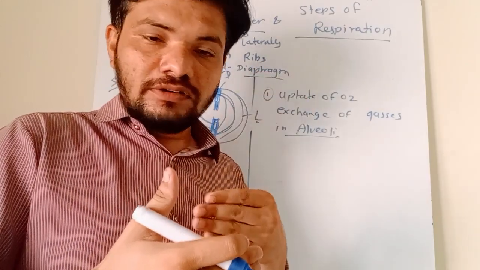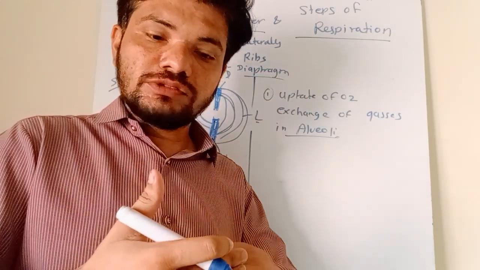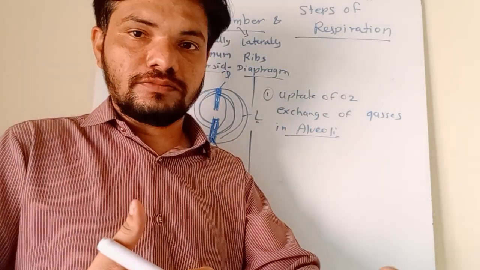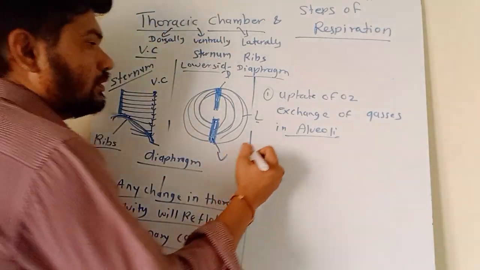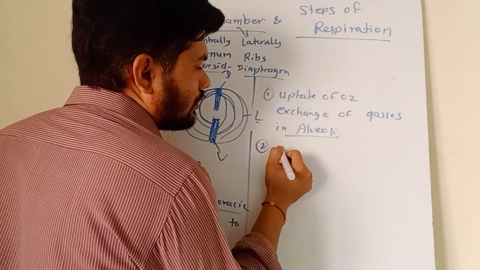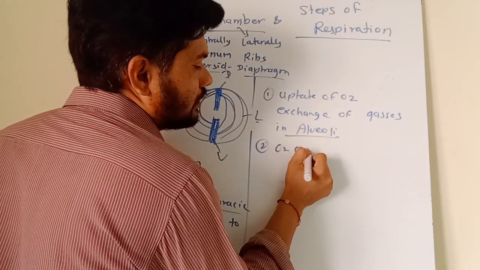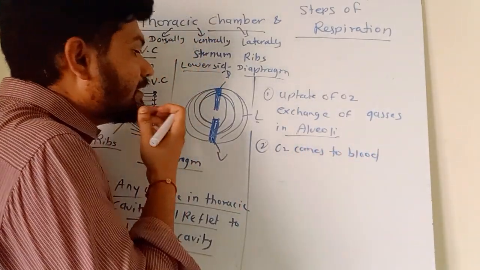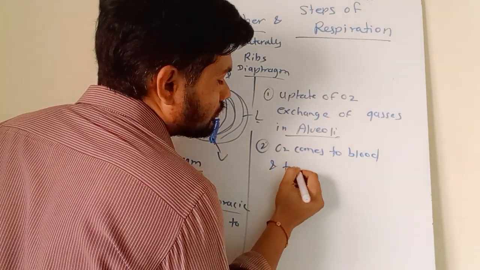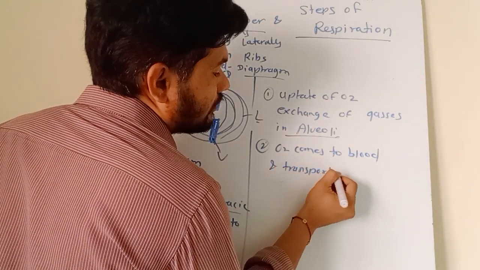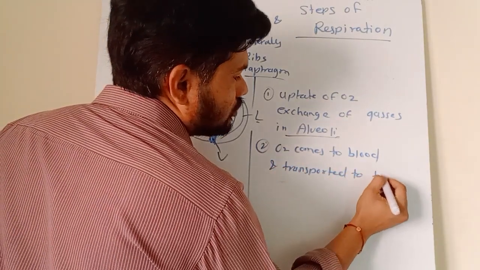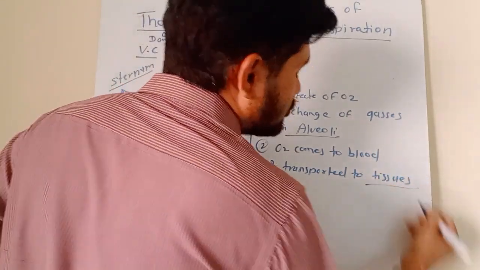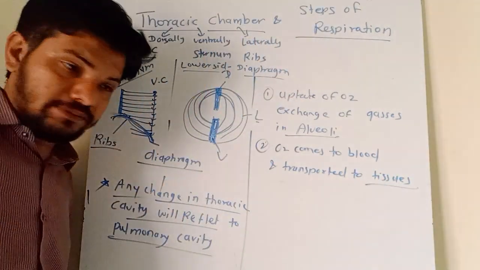So this oxygen easily diffuses from alveoli to blood. Oxygen comes to blood and is transported to tissues, all the tissues and cells present inside your body.